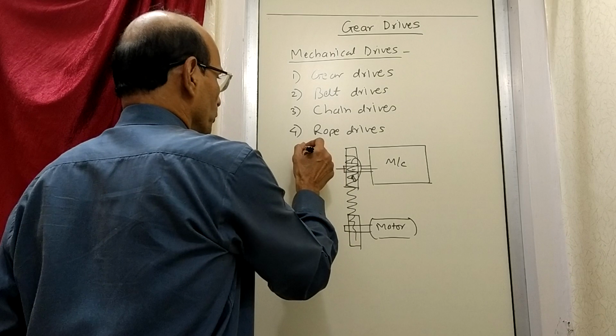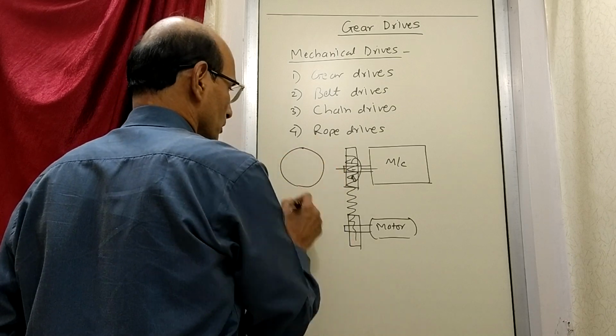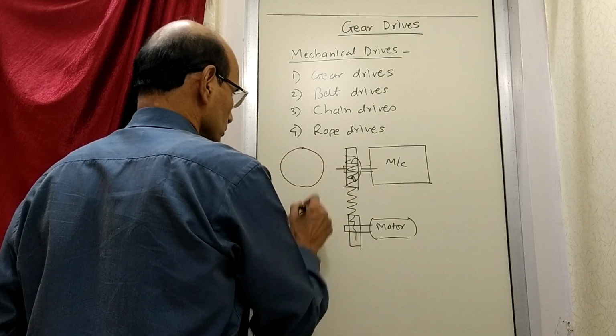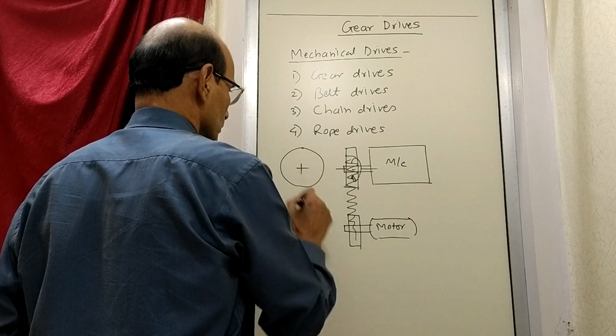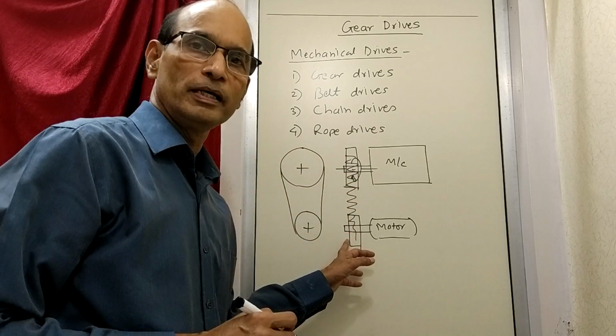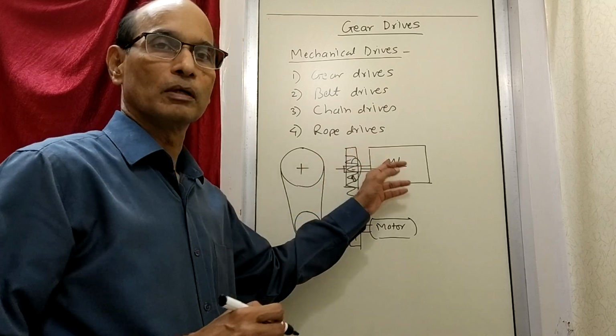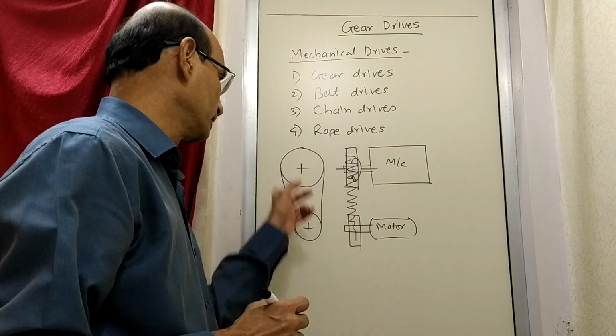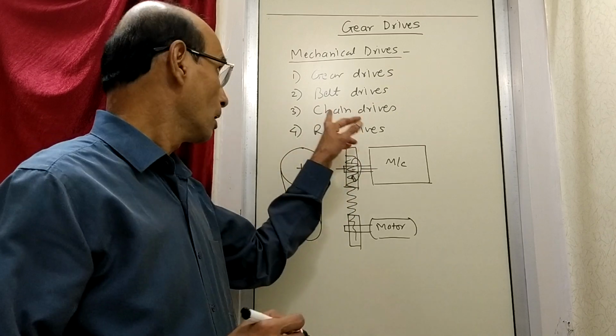If you see the other view, you will see one pulley on the motor, the other pulley on the machine, and the two pulleys connected by a belt, so that this becomes a belt drive.